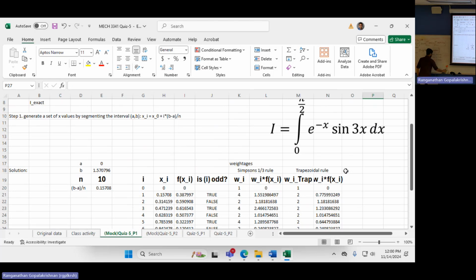I'll rewrite it somewhere, it's a little bit difficult to read here. I'm almost done. So let me compute this.